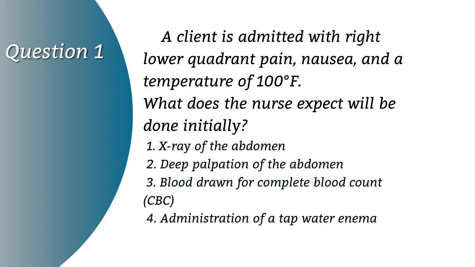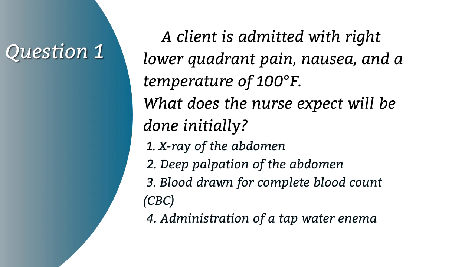Do you think blood count will be the first thing they will order for somebody having right lower quadrant pain? Now, next, administer a tap water enema. Do you think a tap water enema will be the first thing done for a patient having appendicitis?